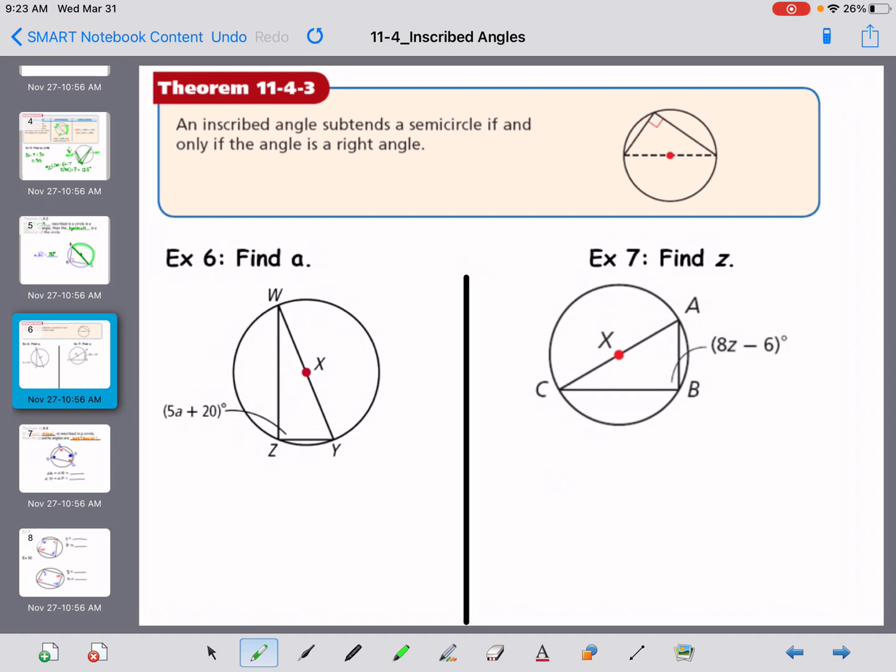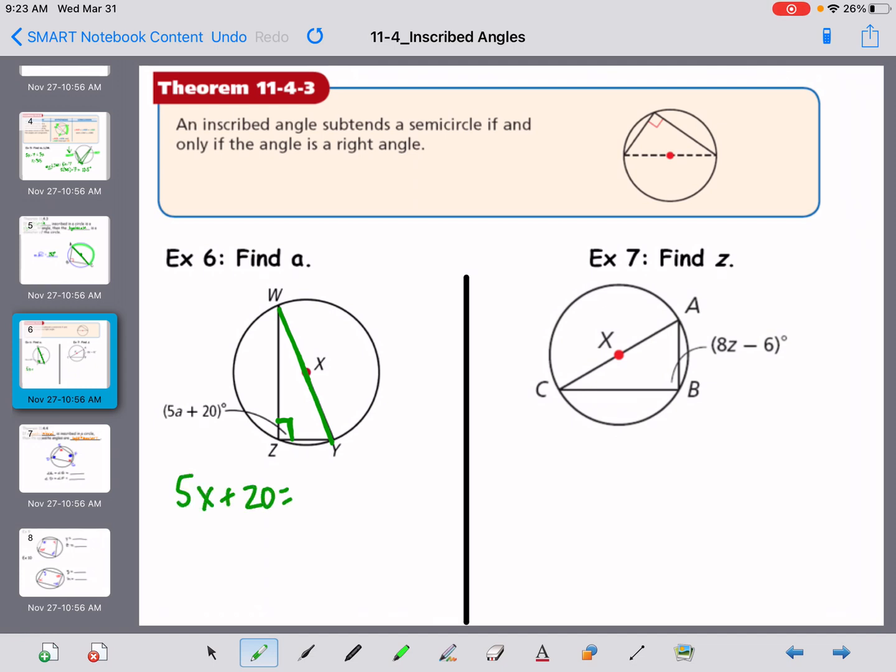How are we going to use that? Well, when we look at these triangles and we see that there's a triangle inside of a circle, if I see that one of these legs of the triangle is the diameter, then I can automatically say that the angle across from it would be a right angle. And what does that let me do?